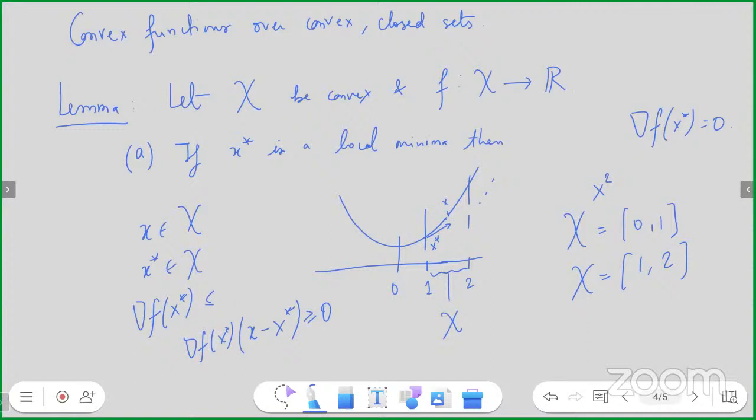If this is greater than or equal to 0, then we know that f of x minus f of x star is greater than or equal to 0. So the equations will work themselves out. Still this picture, can you tell me what is it?